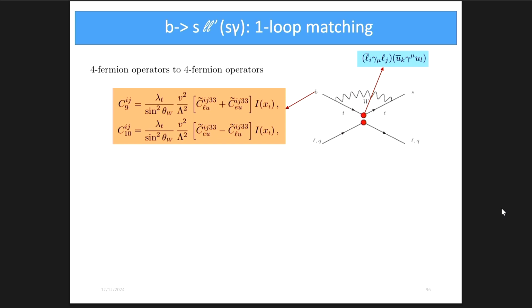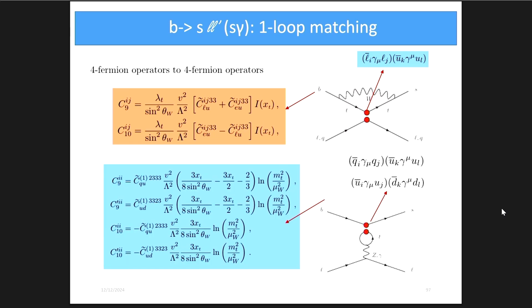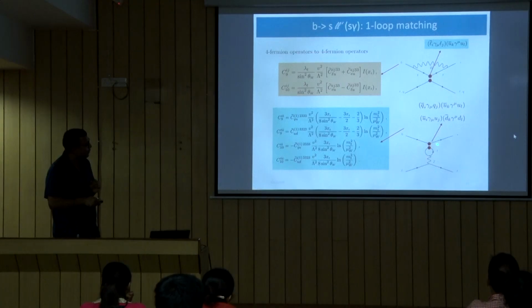Okay. So here the Inami-Lim functions are there. And then you can have other types of contributions where, instead of lepton, let's say you have a 4 quark operator. In general, a 4 quark operator cannot directly give you a diagram like this which will contribute to B2SLL, but you can have BS and then TT bar closing the loop, and then you have a Z, and from the Z you can generate LL.